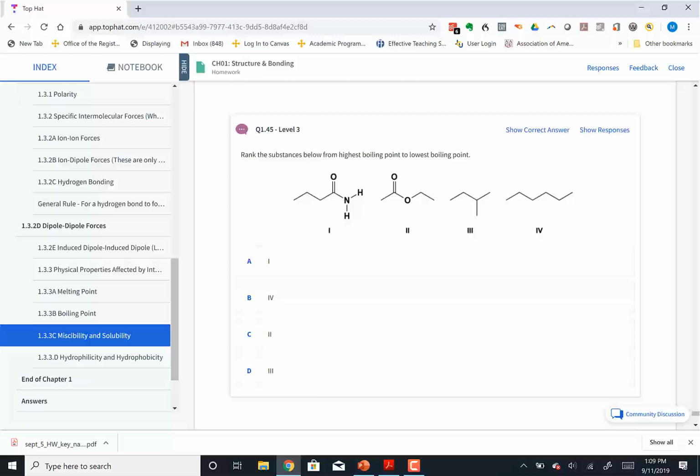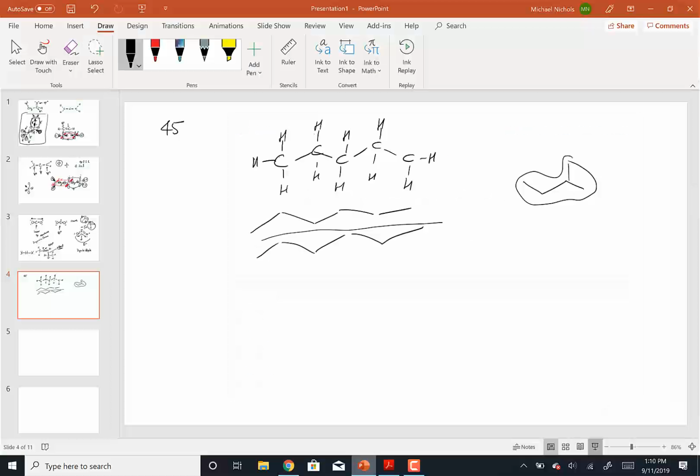Now, what is hydrogen bonding? So hydrogen bonding is when you have an atom attached to the hydrogen, and then that hydrogen is electrostatically attached to another atom. Okay, so this atom that's attached to the hydrogen is delta minus, the hydrogen is delta plus, and then on the other side there is an atom that's delta minus as well.